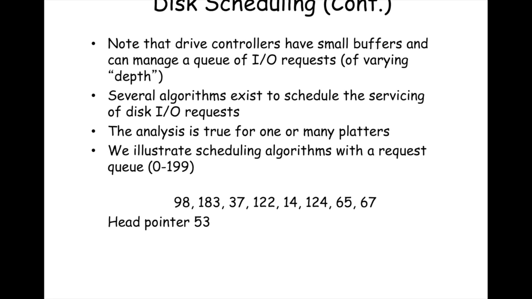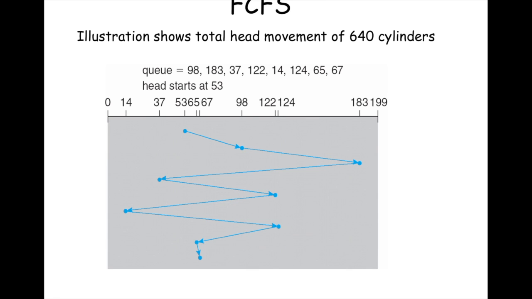We start out with the head pointer at cylinder 53. And we have that same string, 98, 183, 37, and so forth, which are the cylinder numbers associated with the I/O requests. Our first disk scheduling algorithm is going to be first come, first serve.